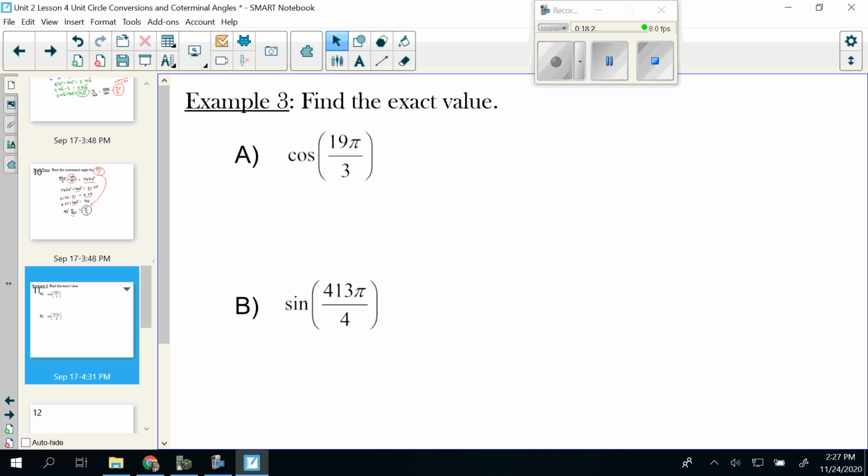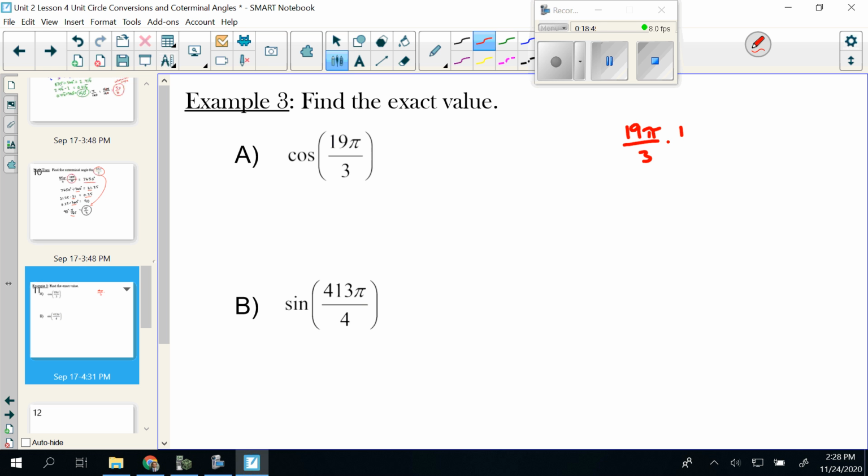All right, if you're asked to find the exact value of some of these angles that are greater than 360, we can use that same process and find the equivalent coterminal angle. So for example on this one, they want us to find cosine of this. What's the coterminal angle to 19 pi over 3?